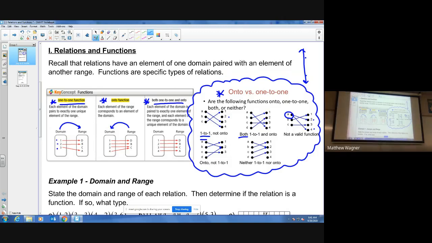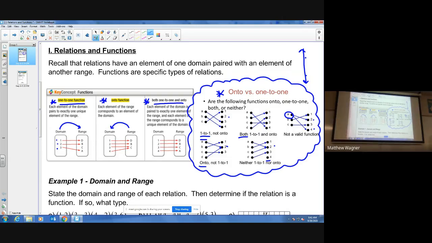When we have repeated range values with no extra, that's a great case of onto. And then checking out this one here, we have that repeated range value and we have an extra. So it's not one-to-one, it's not onto, because we have the extra range value. So it can't be onto, it can't be one-to-one, okay?